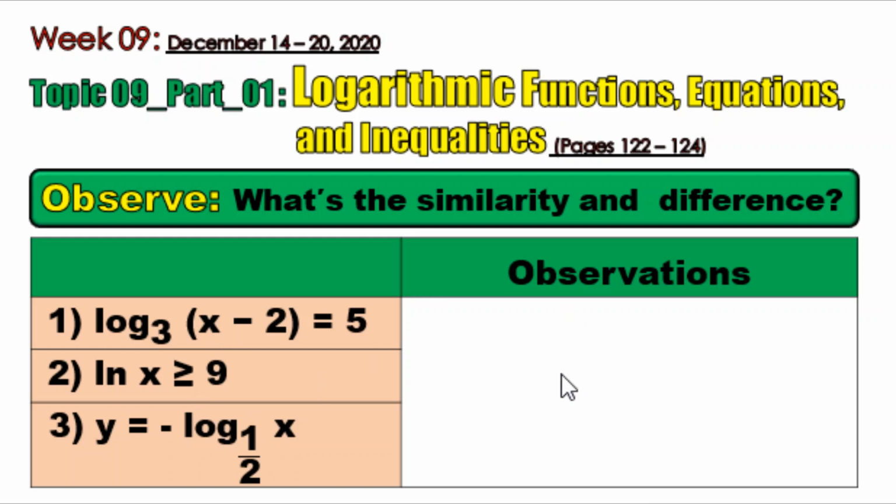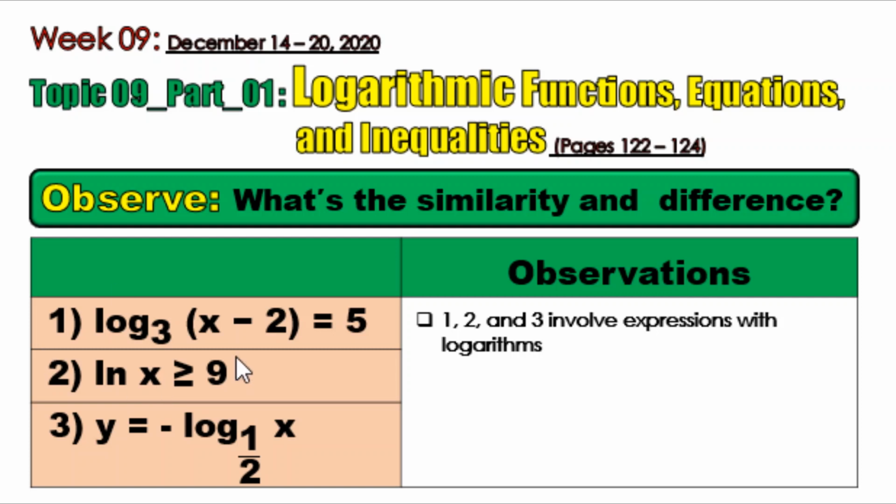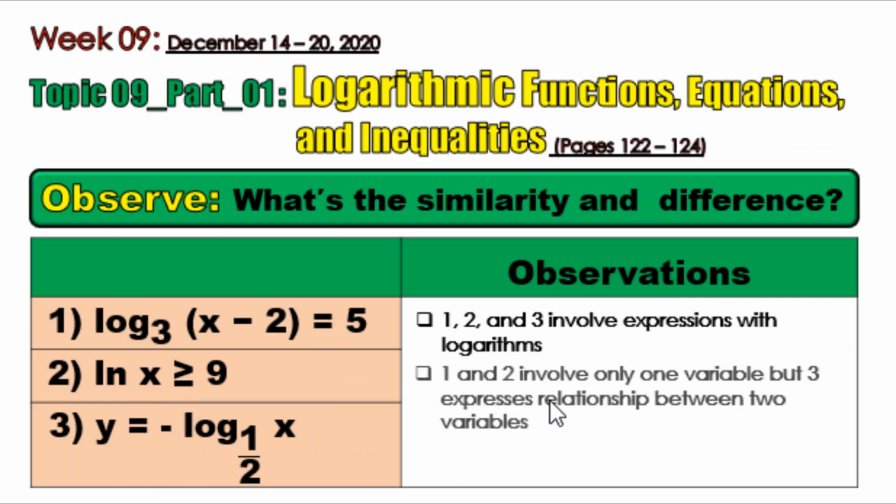Okay, so let us discuss your observations. First, 1, 2, and 3 involve expressions with logarithms. Second, 1 and 2 involve only one variable, x, while 3 expresses a relationship between two variables, y and x.